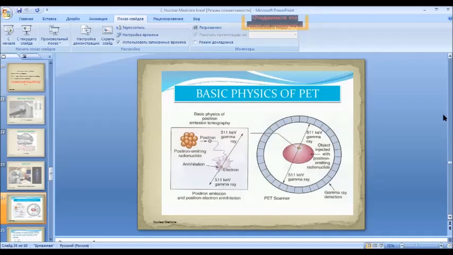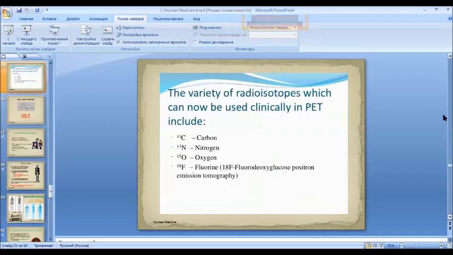Both of these gamma rays are caught by gamma camera detectors, and of course it essentially increases sensitivity and diagnostic possibility of imaging.